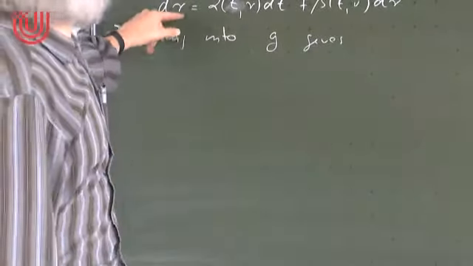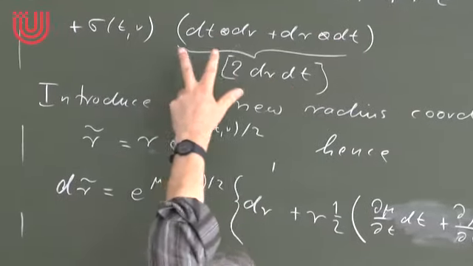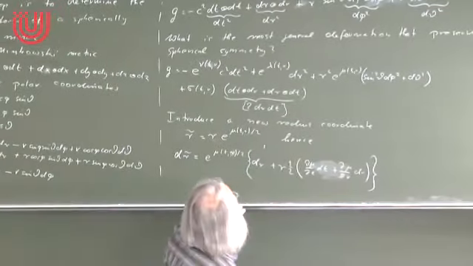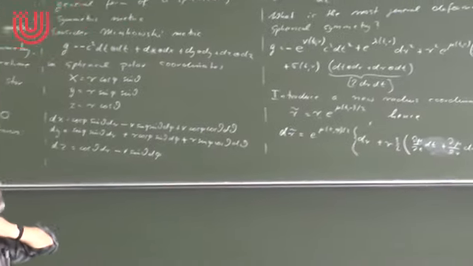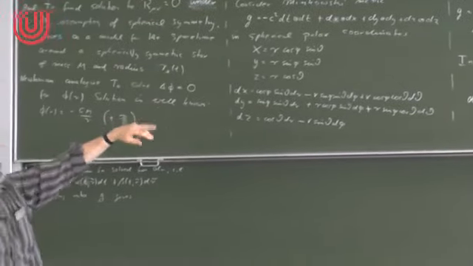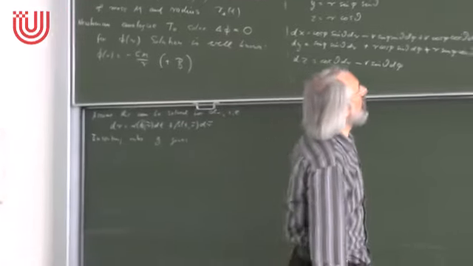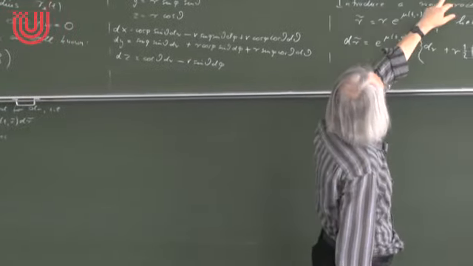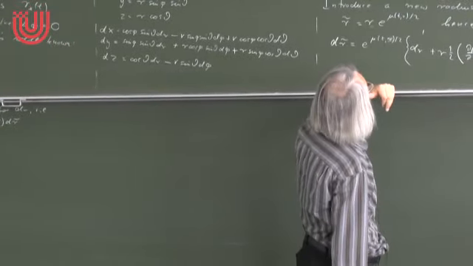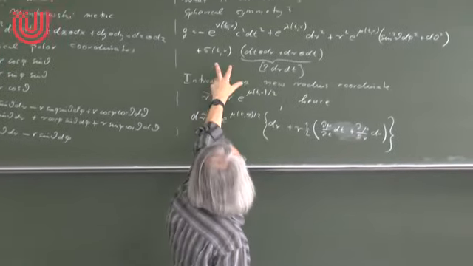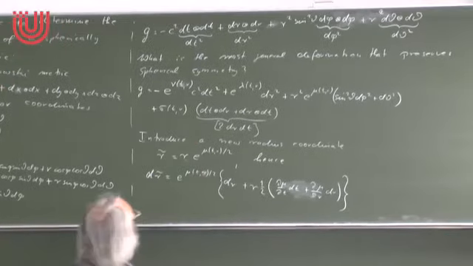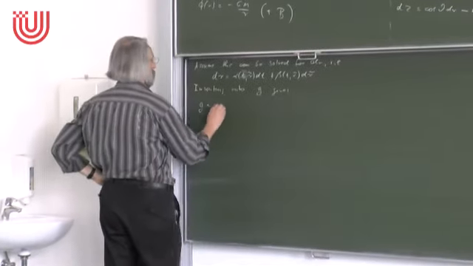Wherever I have the dr, I now introduce this expression. So I express the dr as a linear combination of dt and dr tilde. And then I get terms with the same structure as before, but everywhere where I had the r, I now have an r tilde. And of course, the coefficients transform.